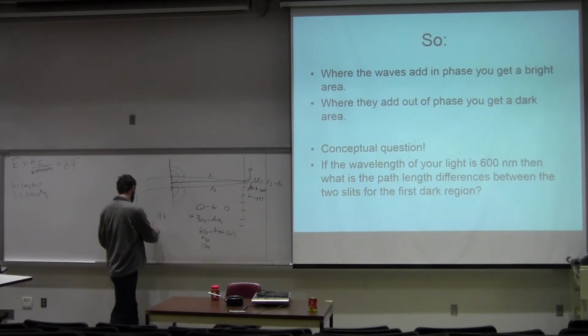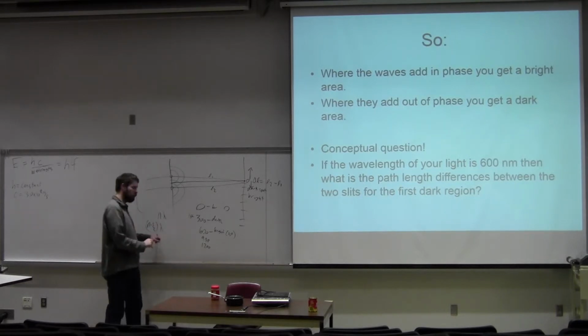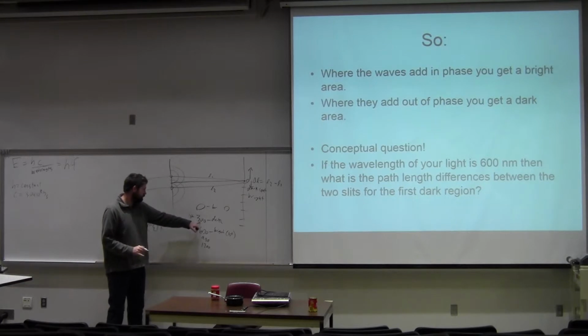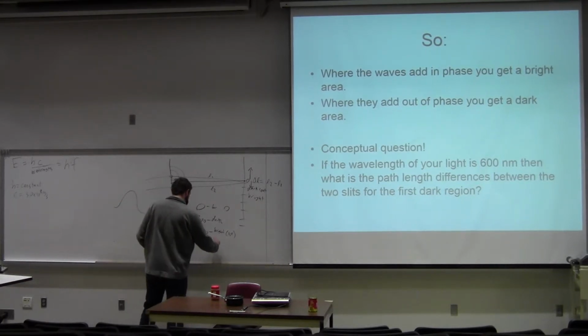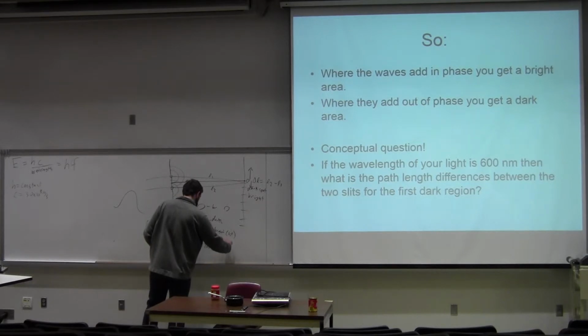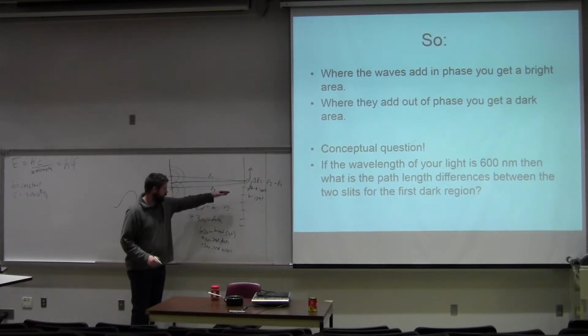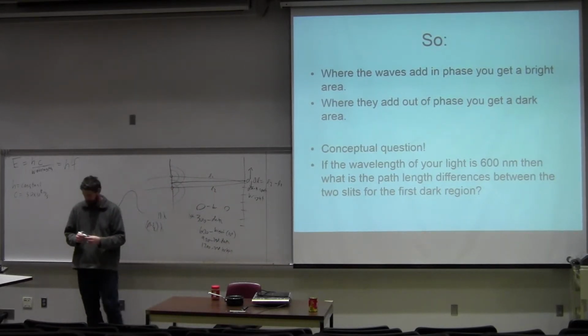N minus a half is for the dark spots. So 1 minus a half is a half. So 300 is the first order dark spot. And then this would be the second order dark, second order bright, etc. You end up with bright, dark, bright, dark, bright, dark.